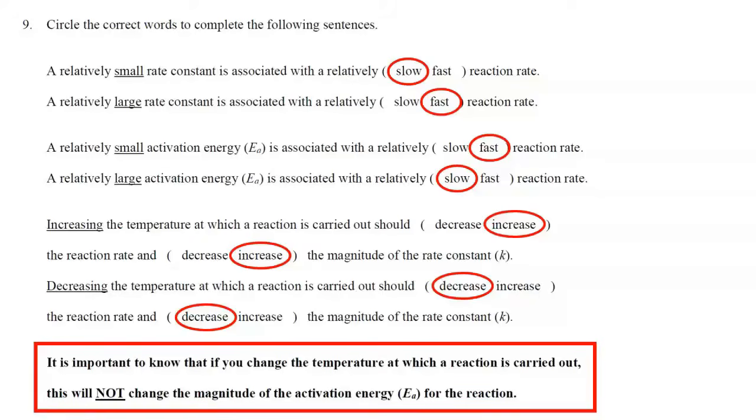How you can affect the activation energy is going to be with the use of a catalyst, and we'll talk about that in topic 5.11, but just changing the temperature at which a reaction is carried out will not change the magnitude of the activation energy for the reaction.